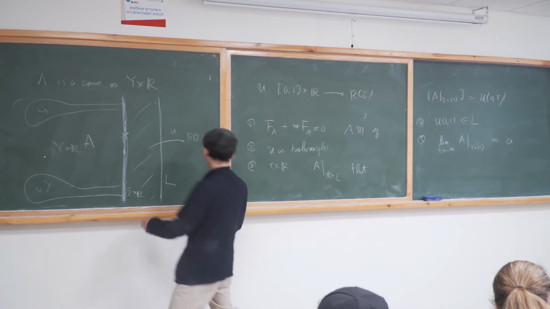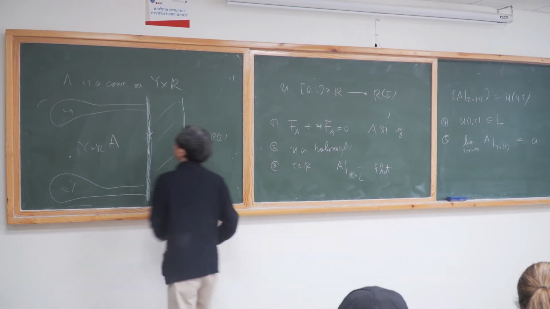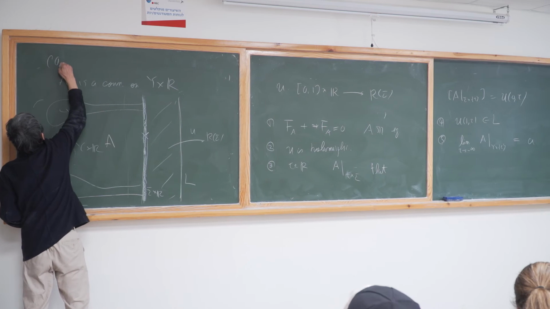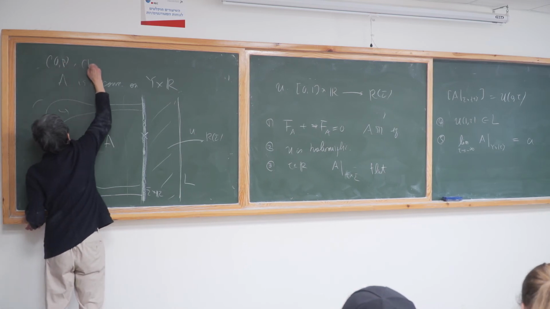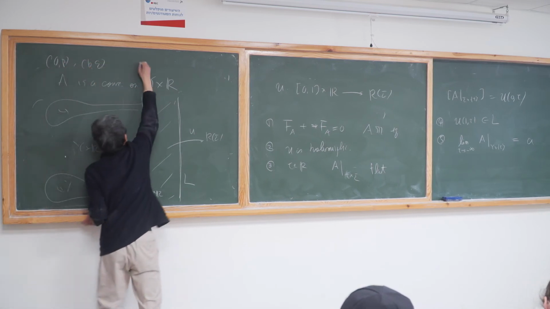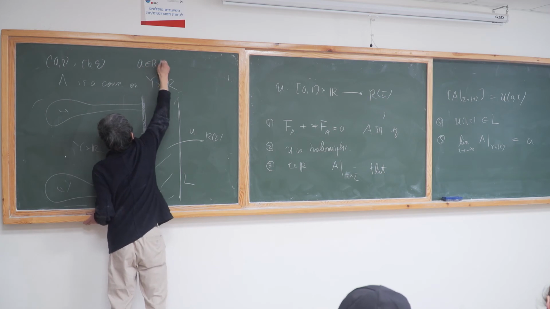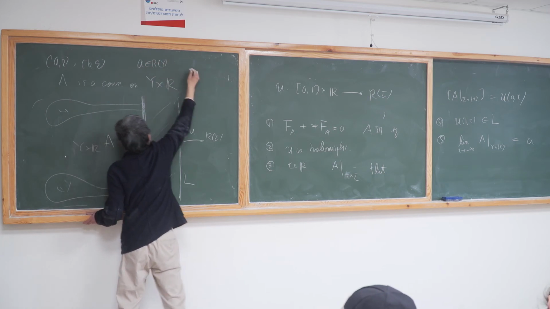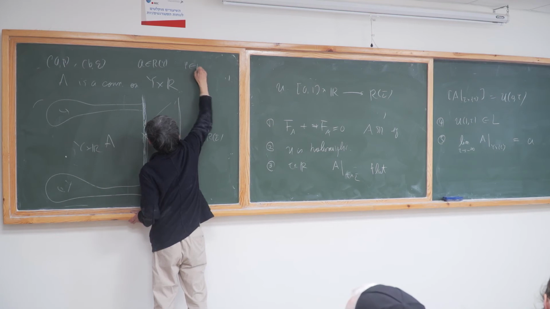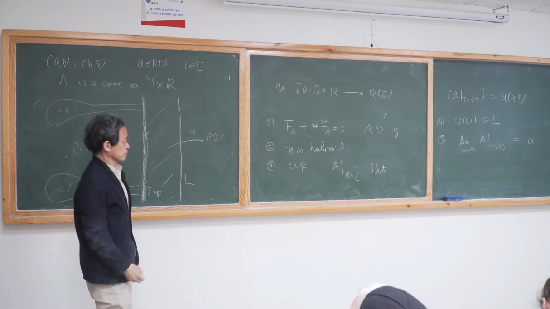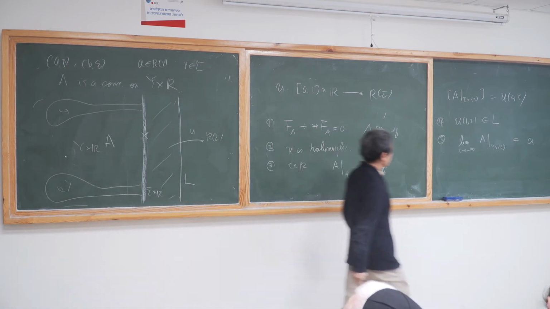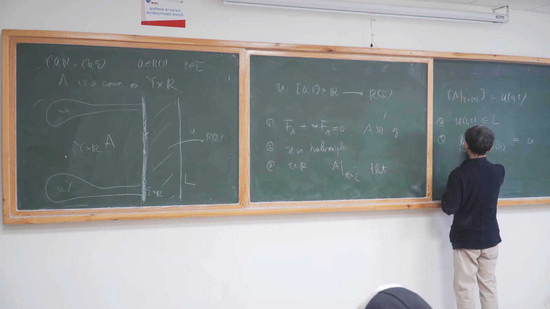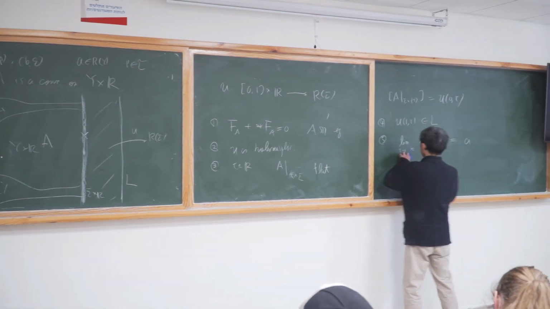We start with two elements, AP and BQ. And A is a flat connection on y, and P is in L tilde. And you take this limit at minus infinity.